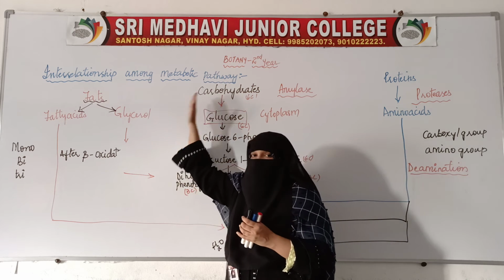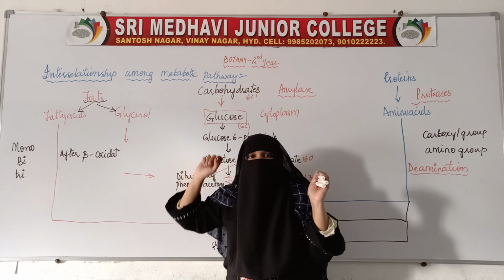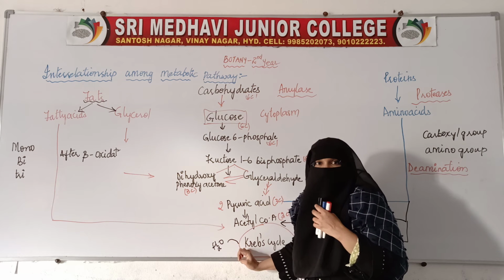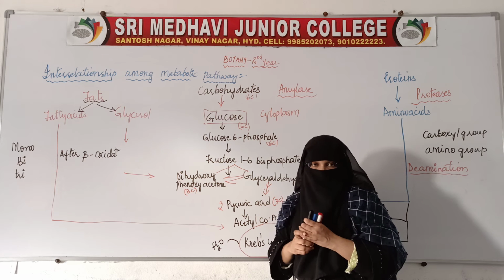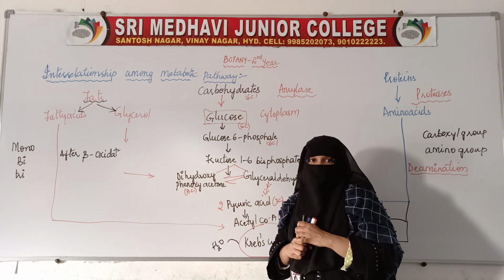So all three, carbohydrates, proteins and fats, enter into the Krebs cycle, but they enter at different stages.